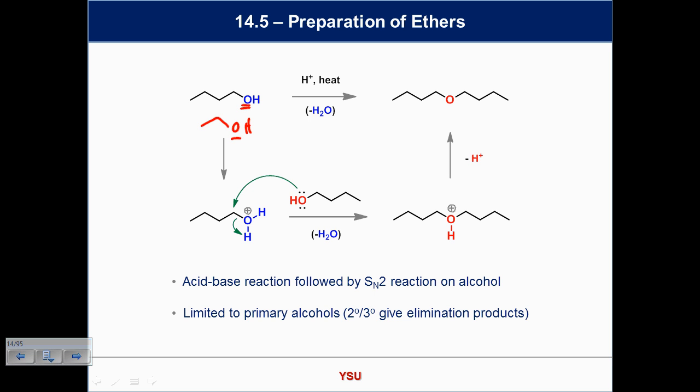So the limitation or the drawback of that particular experiment is that you have to make symmetrical products. Now down at the bottom you've got some limitations here. It is limited typically to primary alcohols because in secondary and tertiary you can get E1, right? They will support a carbocation and they can give you E1 as well. So this is a good way of making primary systems, not so good for anything else.